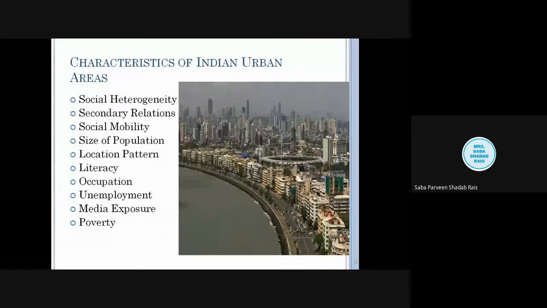Urban poverty is due to unemployment and large families, especially among slum dwellers, and social evils such as gambling and alcoholism. These are the major reasons for poverty in the urban areas. But still, you will find that middle class people are more than the people staying below the poverty line.